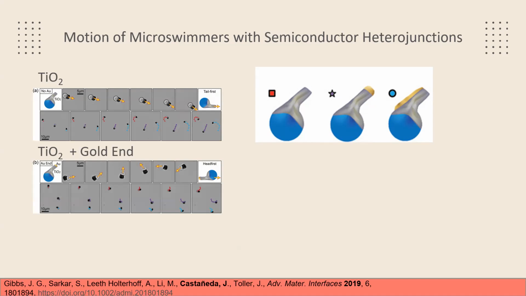But I do believe the main thing about my microswimmers is that the direction these guys are moving is all dependent on the morphology. So any little change, whether it be me depositing gold on the side, I'm changing the directionality, but I'm also decreasing the speed. By putting it on the tip, I'm changing the directionality, but I'm not changing the speed.